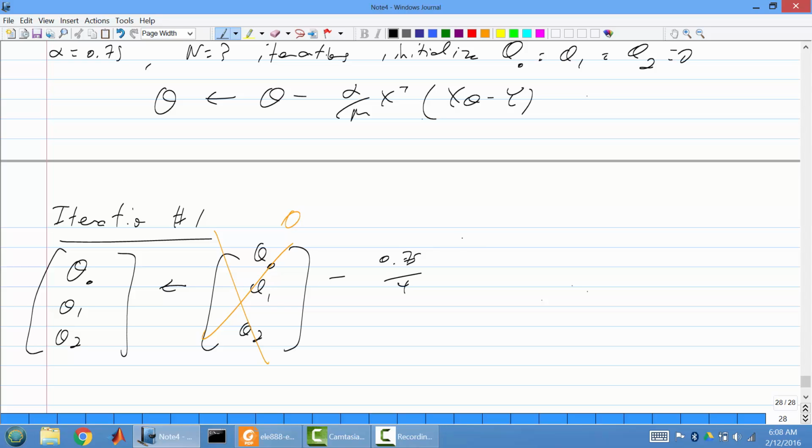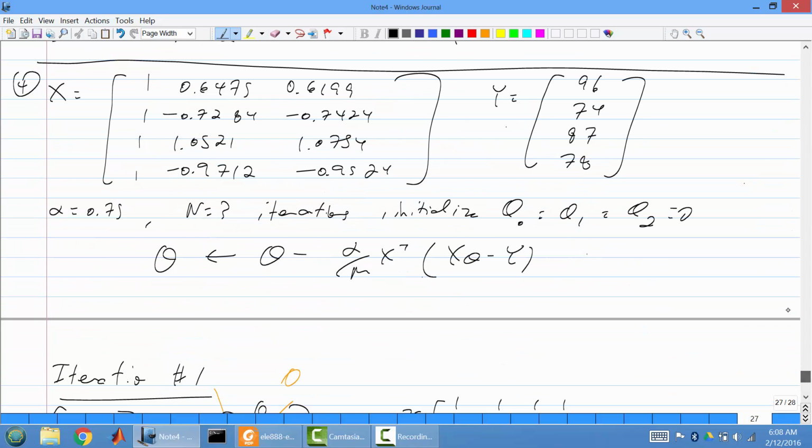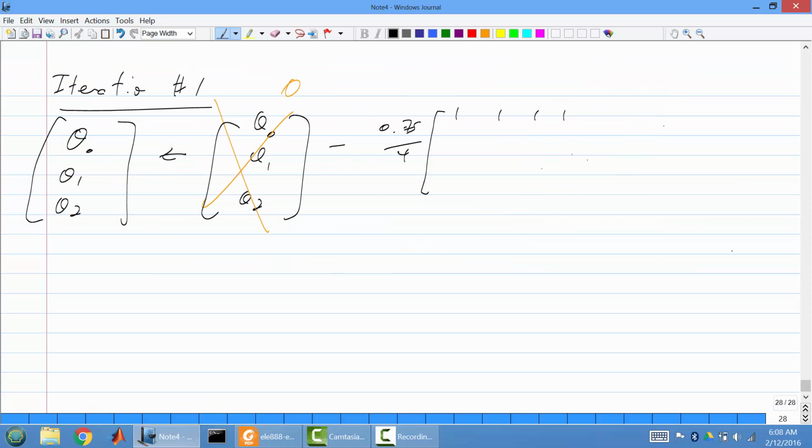0.75 over 4, and then x transpose was 1, 1, 1, 1, right? So I'm just taking this matrix x and transposing it, so all the rows become the columns. So this is 0.6475, 0.7284, 1.0521, and minus 0.9712.